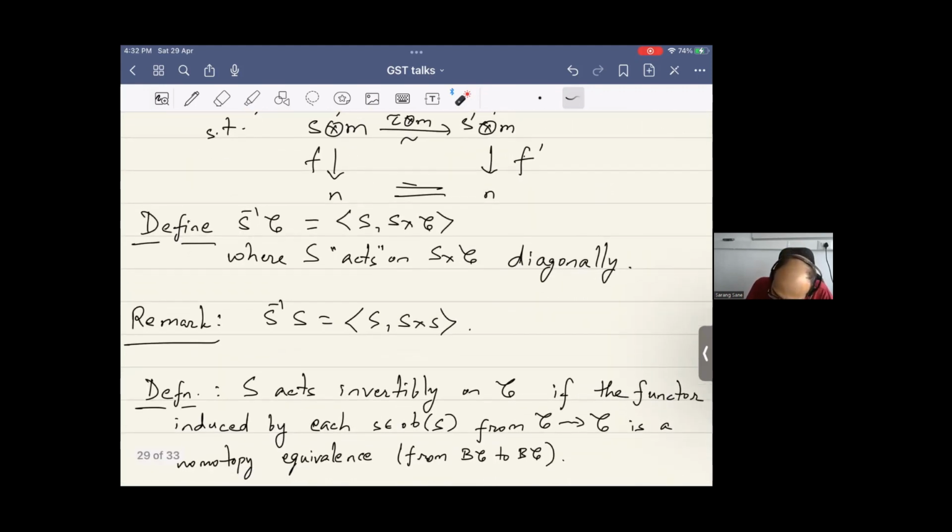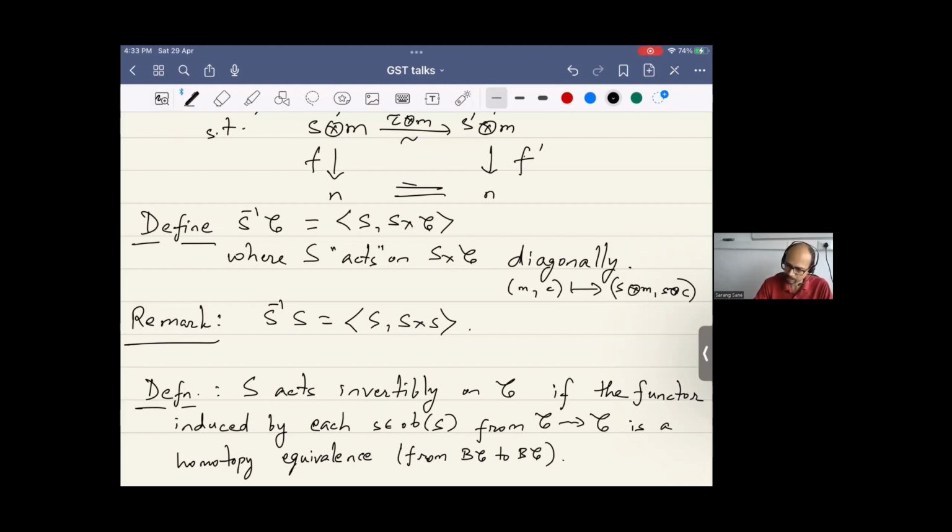Of course, what is the action here? The action is the diagonal action, which means S tensored with. So the action is M comma C goes to S tensor M comma S tensor C. And these tensors are different tensors.